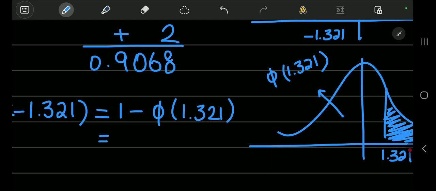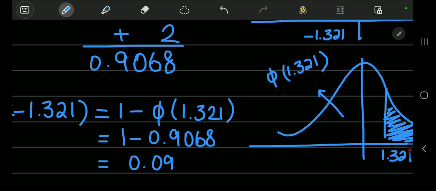So it will give you 1 minus 0.9068, and this will give you 0.0932.